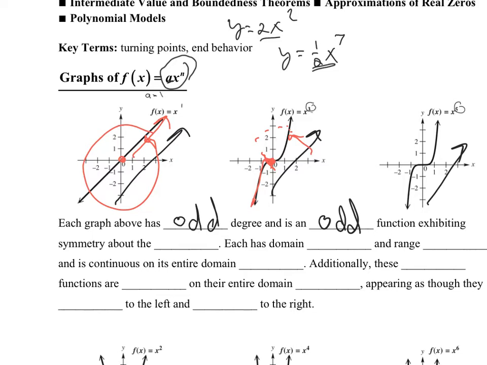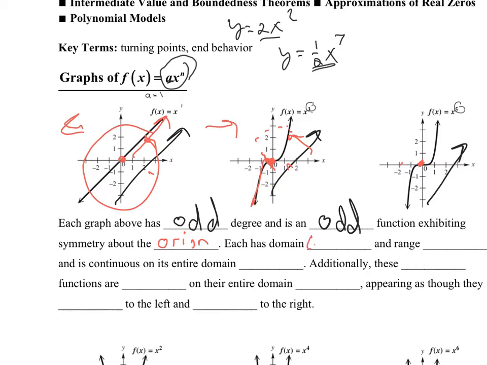So it's symmetry around what? I'm putting a dot there. The origin, symmetry around the origin. It absolutely is symmetry around the origin. That's what an odd function does. We had that lesson before. And each one of these has a domain. The domain looks like any x to the left and any x's to the right. All three of these look that way.